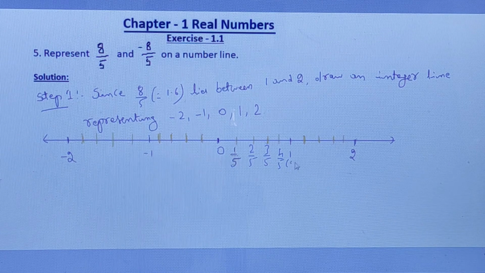So this is nothing but 5 by 5, 1 is, and this is 6 by 5, this is 7 by 5, 8 by 5, 9 by 5, 2 is nothing but 10 by 5.